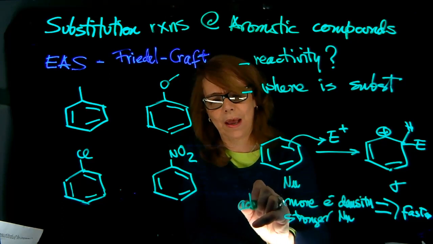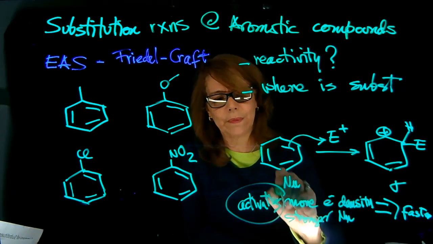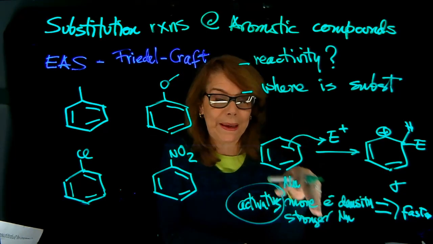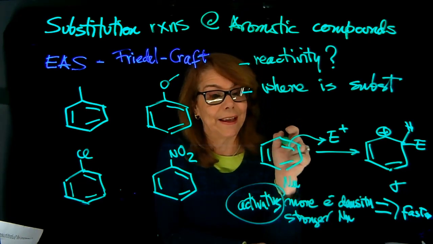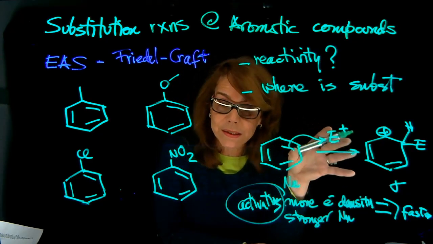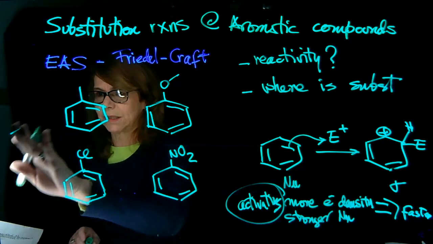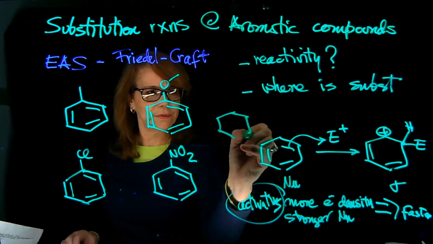When that is the case, we say that the group is activating. So that's the word, activating. Any group that will increase the electron density at the ring will make the nucleophile stronger, more powerful, and then the molecule would be more reactive than benzene, which has no substitution. So relative to benzene, which is the unsubstituted, only H's, what is the reactivity?